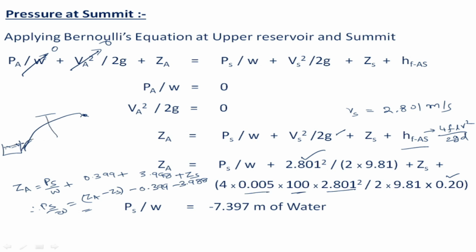The difference between these two is 3 meters, that is ZS minus ZA. So here ZA minus ZS is minus 3 minus 0.399 minus 3.988. Pressure head at summit is equal to minus 7.397 meter in terms of water.